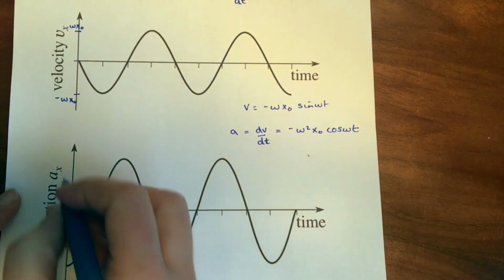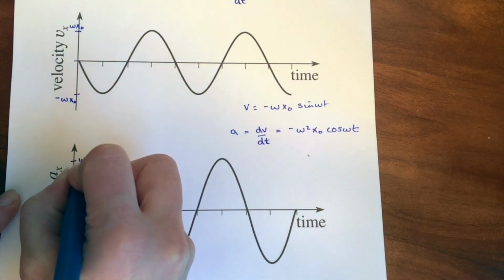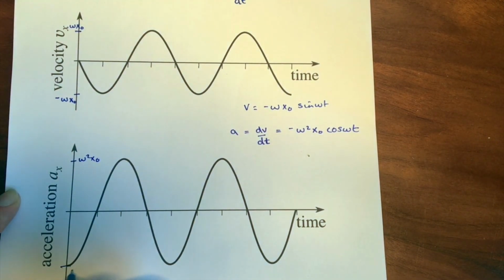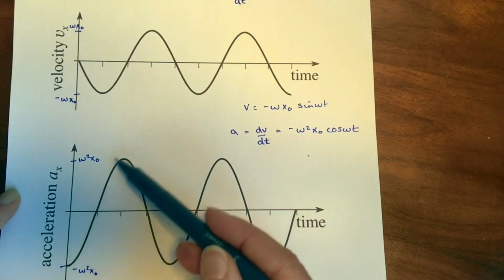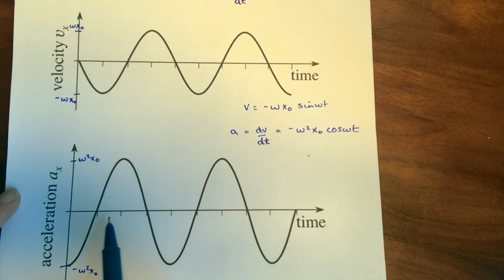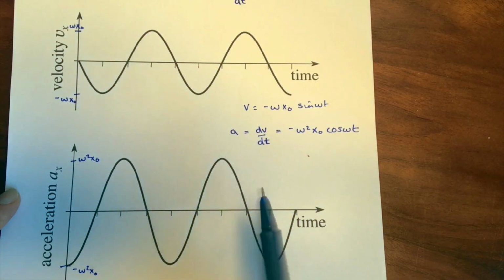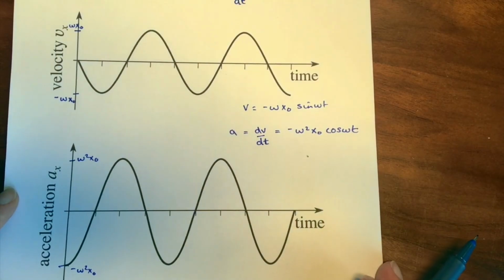And if we go to the graph, we'll now see that these parts here are omega squared x naught and minus omega squared x naught. So again, you can visually see that the amplitude of these oscillations has increased, but the passage of time, 1, 2, 3, 4, remains the same. So omega remains the same.